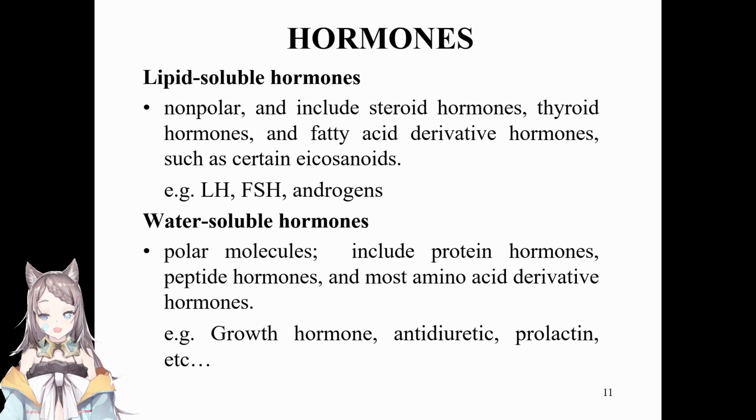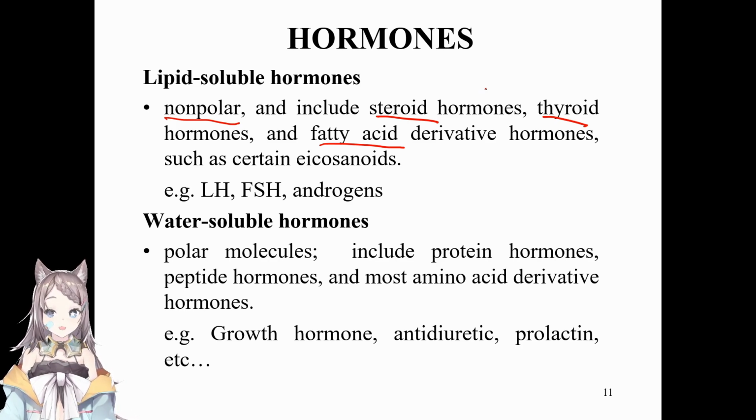When we say lipid-soluble hormones, these are non-polar. These are usually your steroid hormones, thyroid hormones, and fatty acid derivative hormones such as certain eicosanoids. They are non-polar, meaning they are oil-soluble and lipid-soluble, and they can freely cross our cell membrane because our cell membrane is made out of a phospholipid bilayer.